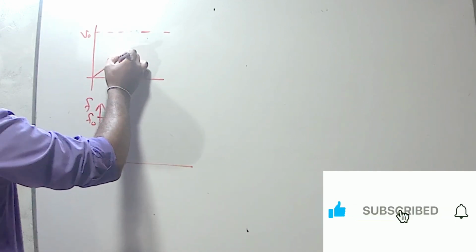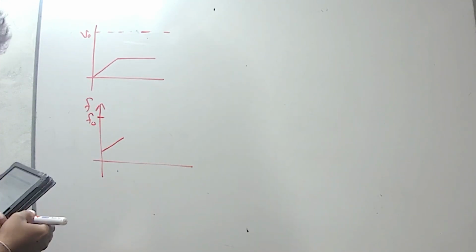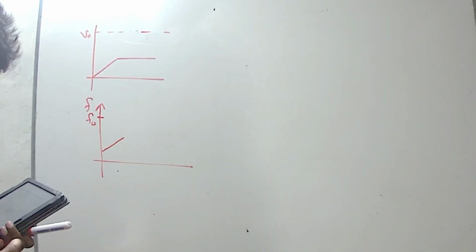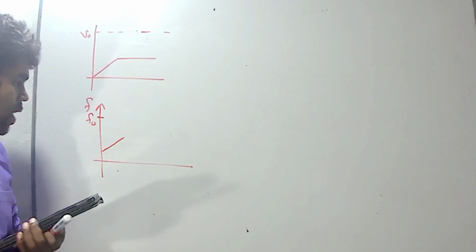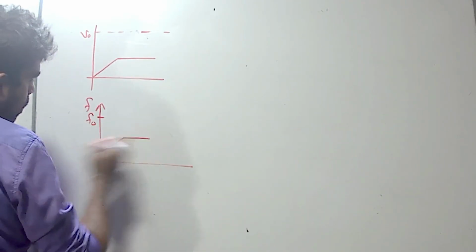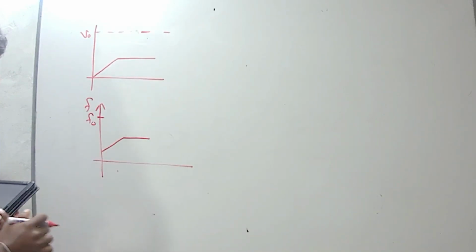Then for the second situation, the velocity of the car is constant and the velocity of the ambulance is also constant. Therefore, the apparent frequency is a constant value, but the velocity of the car is less than the velocity of the ambulance.